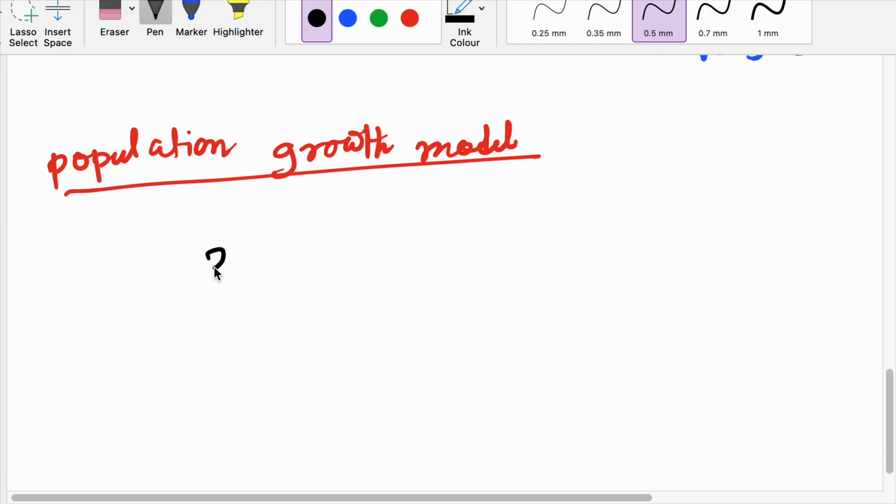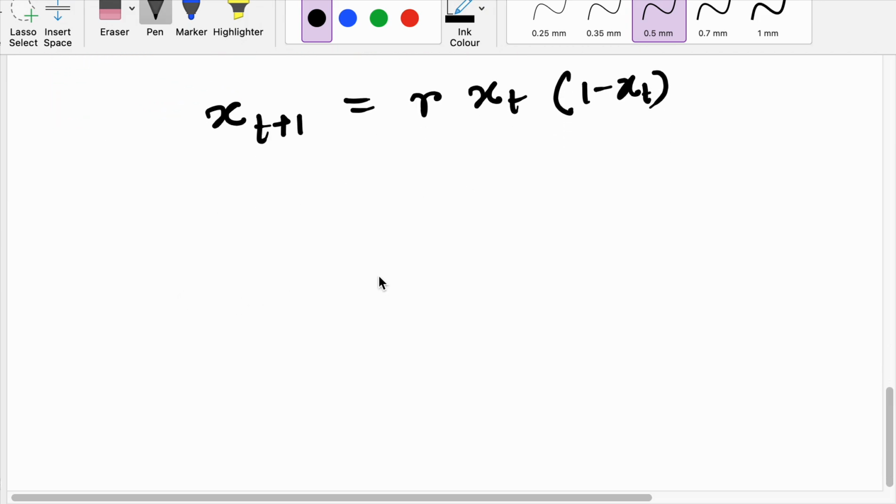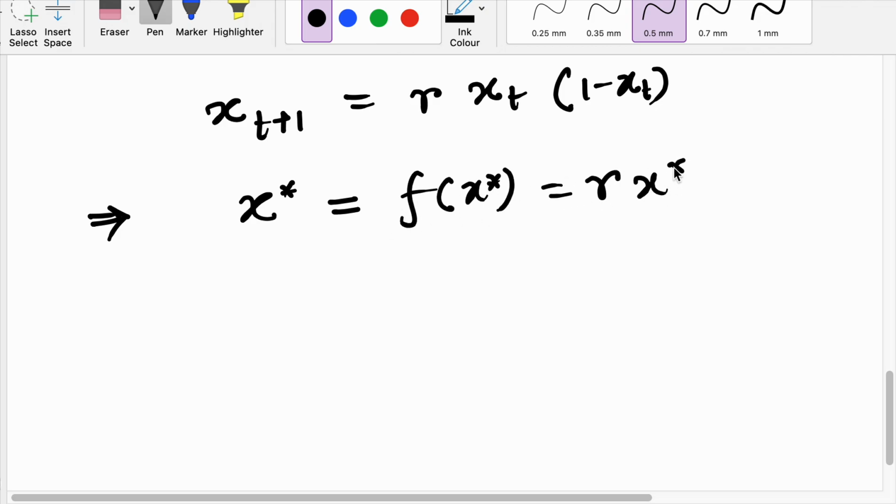Suppose our population growth equation is x t plus 1 equals r x t times 1 minus x t. Now let's calculate its fixed point. By the definition, the fixed point remains fixed under the action of f. That means x star equals r x star times 1 minus x star.